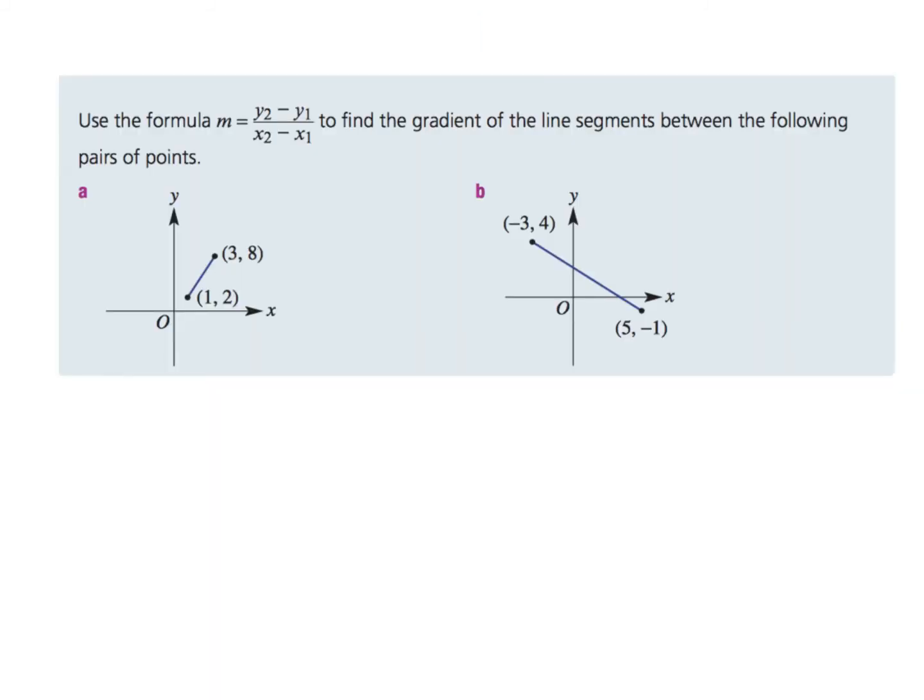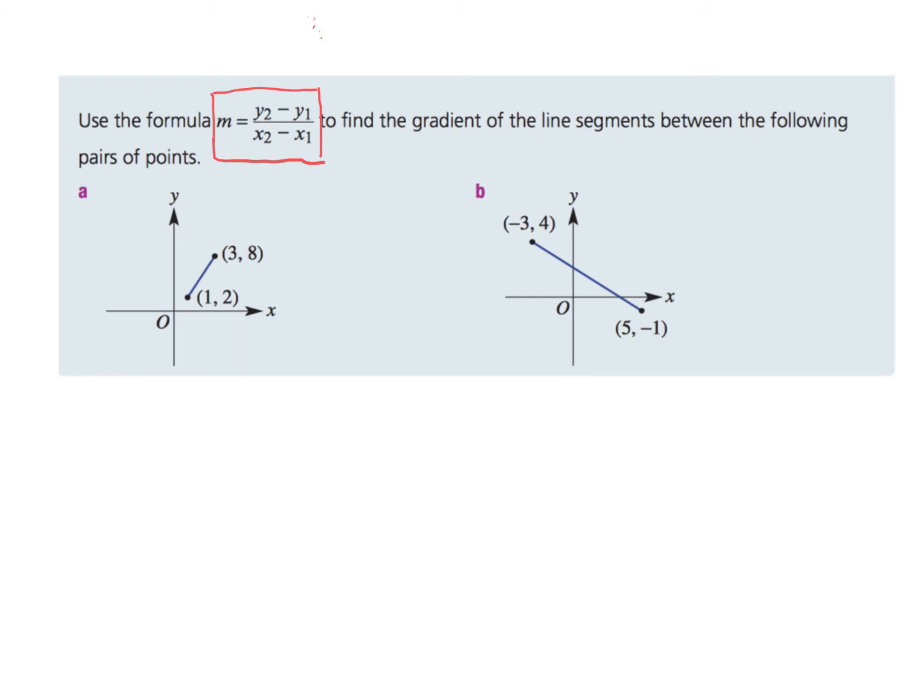All right, so rise over run is one way to find the gradient. The other formula, which I reckon is probably the easier and the best way to use, and you can do it every time, is this.